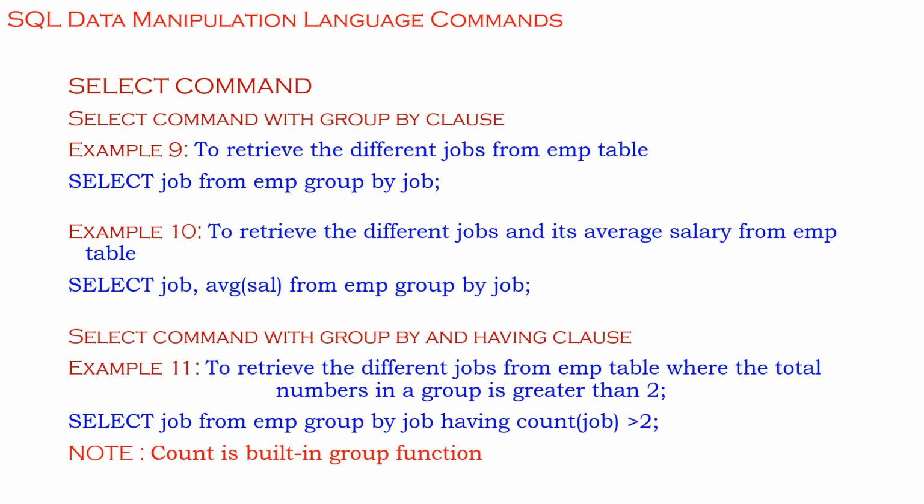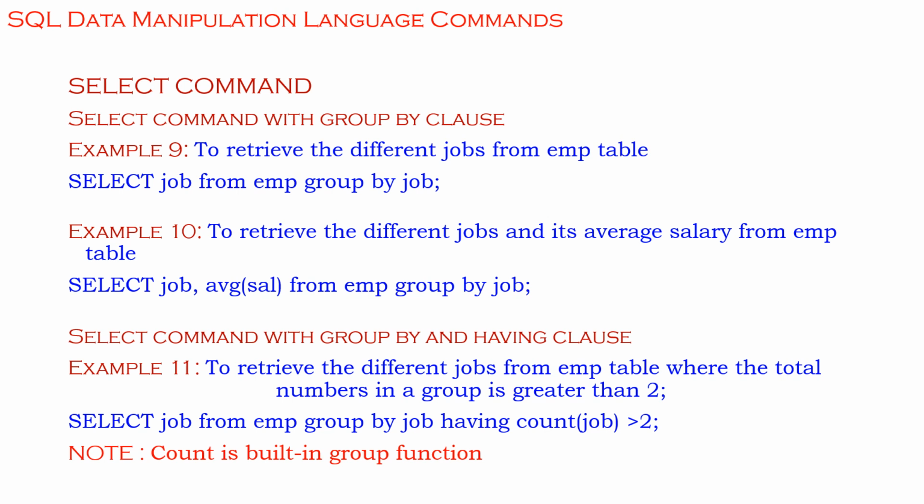Okay, so this is how I show variations in my usage of select commands with just the group by clause and the group by clause. In addition to that, I'm adding the constraint of the having clause also. So to retrieve the different jobs from emp table, group by job, but having count of job greater than 2. So only groups with total members greater than 2 will be taken and aggregated, and the answer will be shown for us.